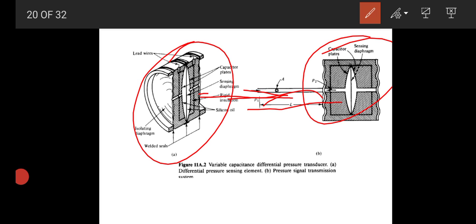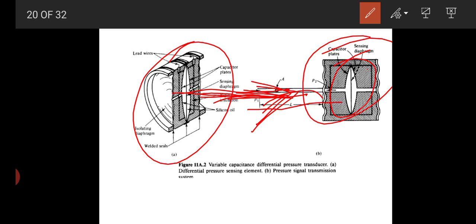By supplying a pressure in this tube, we are transferring the signal through the capillary from this side to this side. Here the pressure is transmitted through a second isolating diaphragm and a filled liquid to a sensing diaphragm.